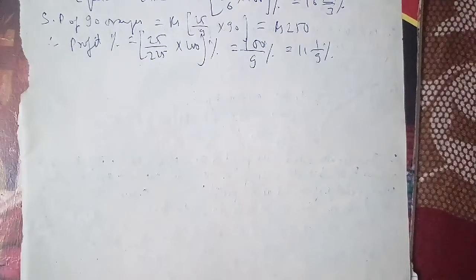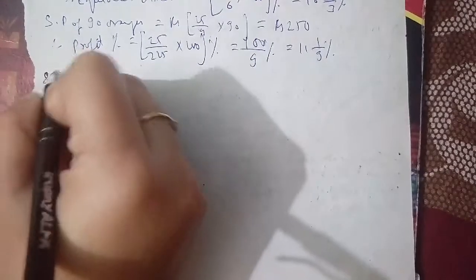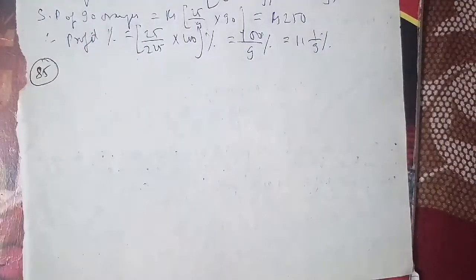The question we have here is: some articles were bought at 6 for rupees 5 and sold at 5 for rupees 6. Gain percent is? This has been asked in an SSC examination paper. The options we have are 30%, 33 1/3%, 35% and 44%.